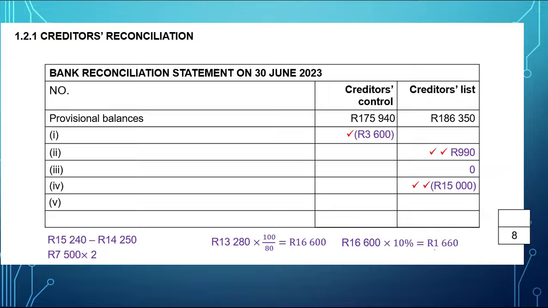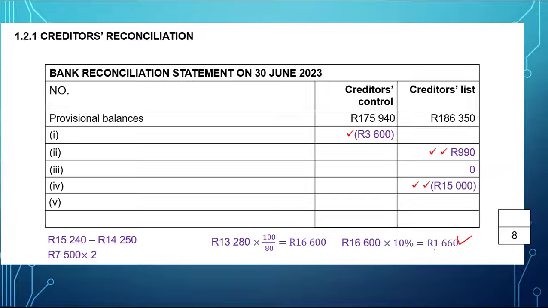Since we over-reduced what we purchased, we understated the purchase price, meaning that we owe them this 1,660, as they only reduced it by this amount, but we reduced it by twice that amount, and we were wrong. So we're going to add the over-reduction.